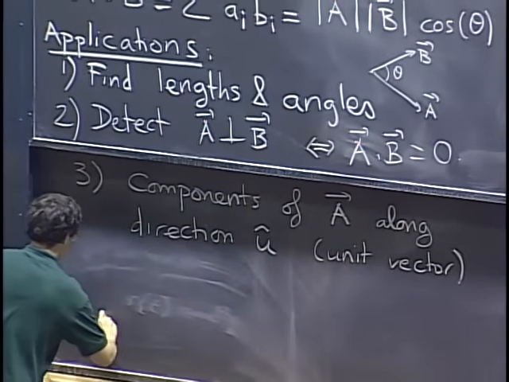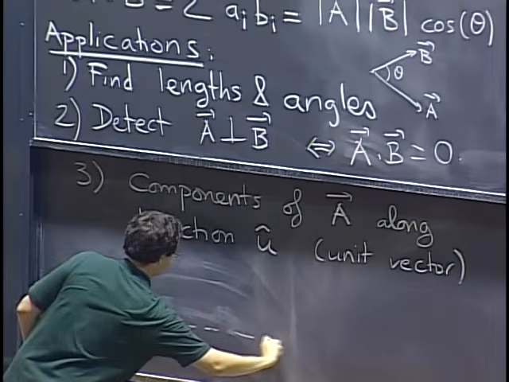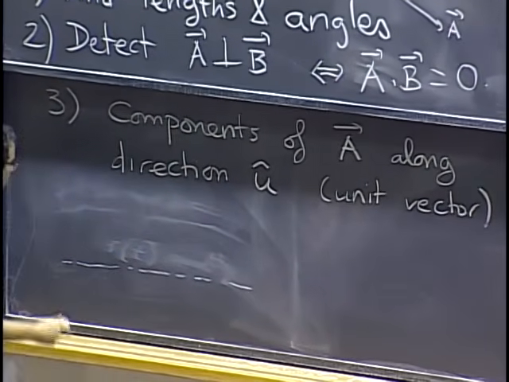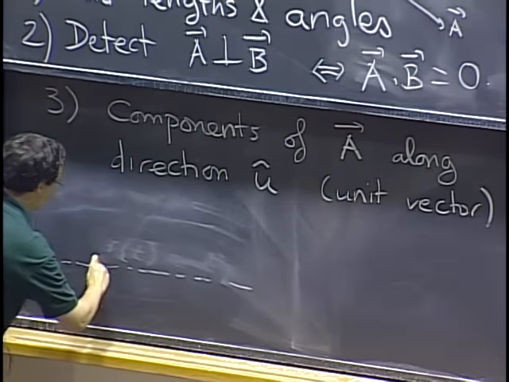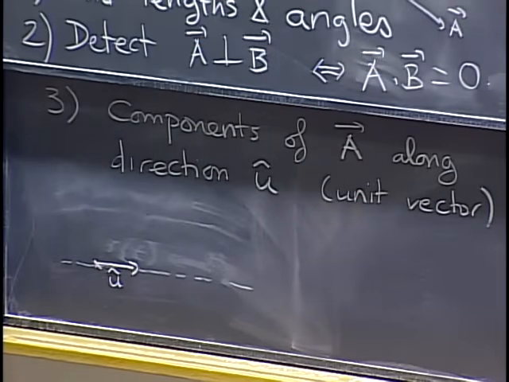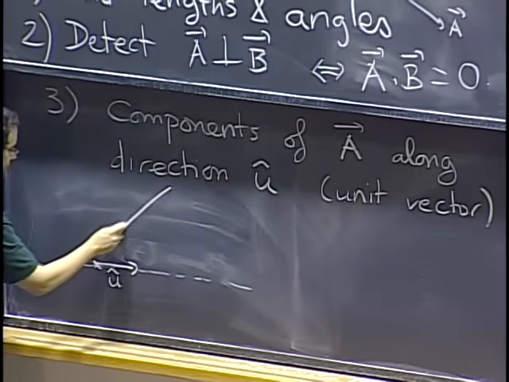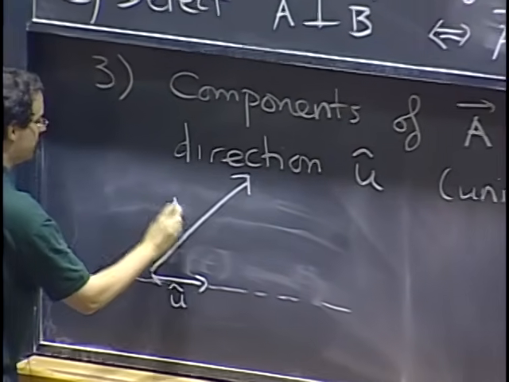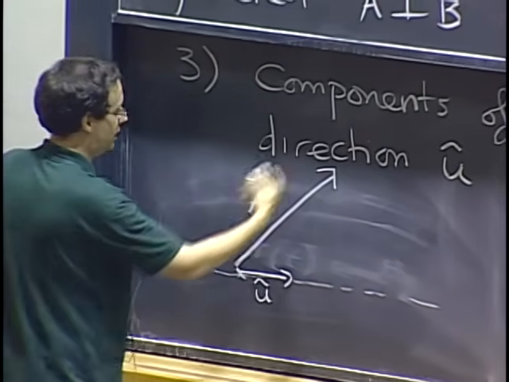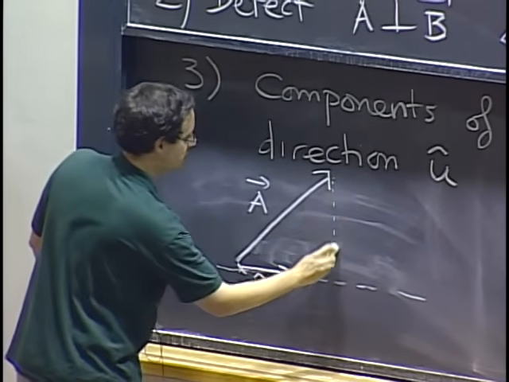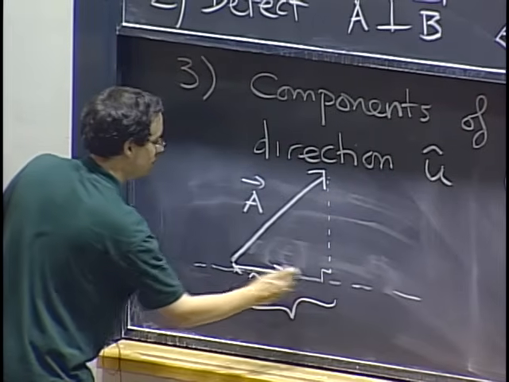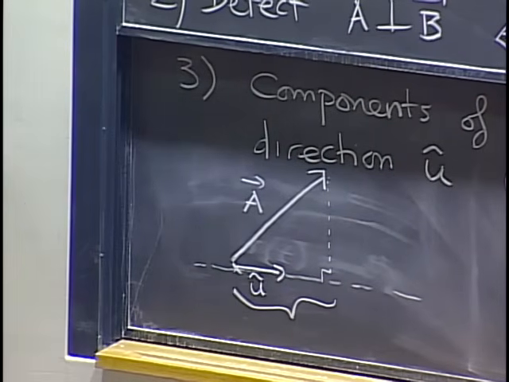Let's say that I have some direction, for example, the horizontal axis on this blackboard, but it could be any direction in space. And to describe this direction, maybe I have a unit vector along this axis. Let's say that I have any other vector A, and I want to find out what is the component of A along U. That means what is the length of this projection of A to the given direction.